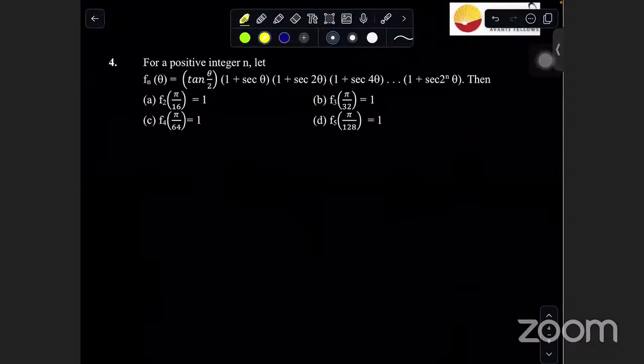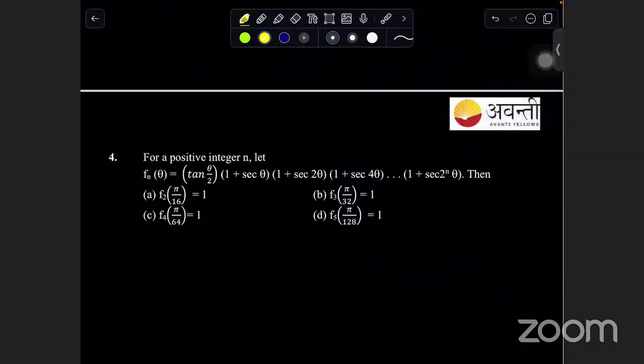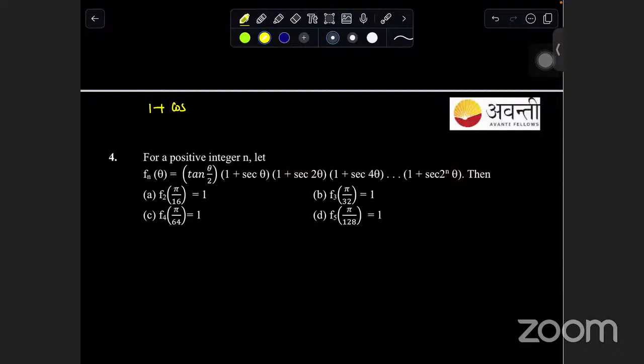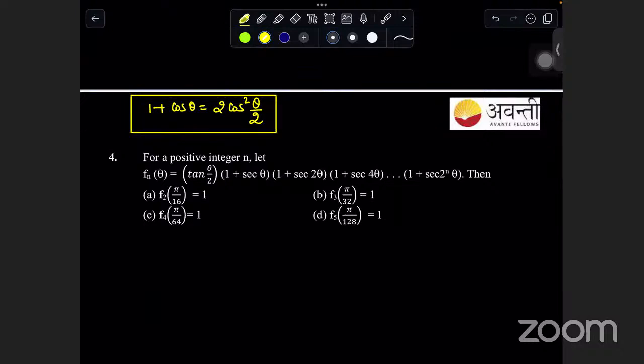Yes. See, this question will require a bit of your hard work also because so many formulas will be used here. First of all, the most prominent formula being used here is 1 plus cos theta is 2 cos square theta upon 2.